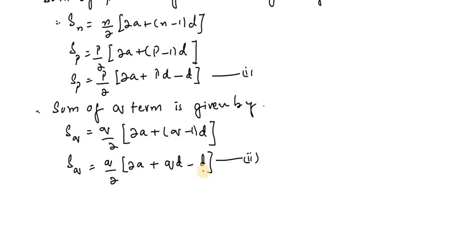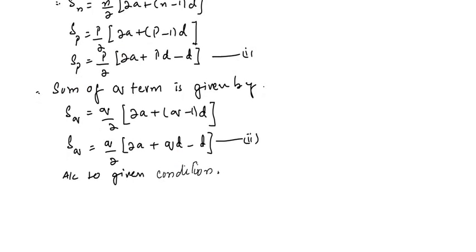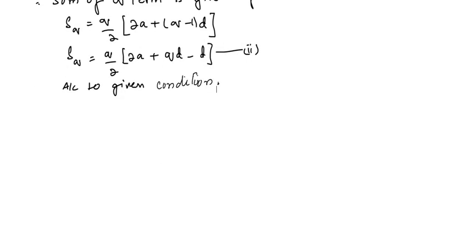In the question, if the sum of p terms of an arithmetic progression is the same as the sum of q terms, according to the given condition, the sum of the p terms is equal to the sum of the q terms.